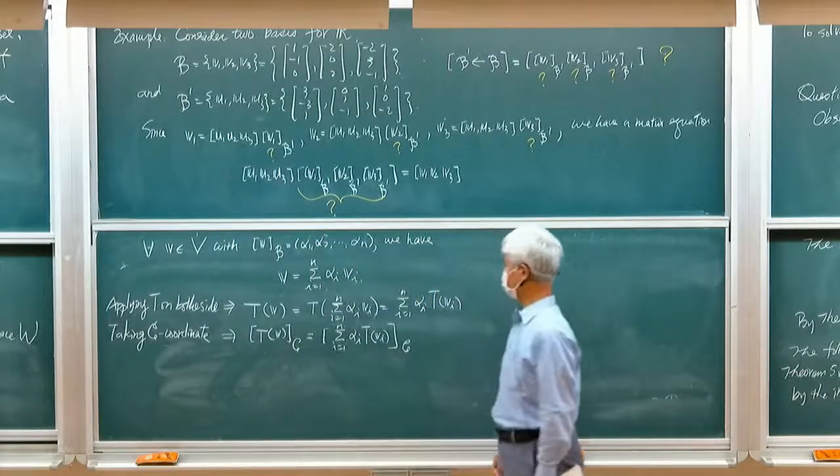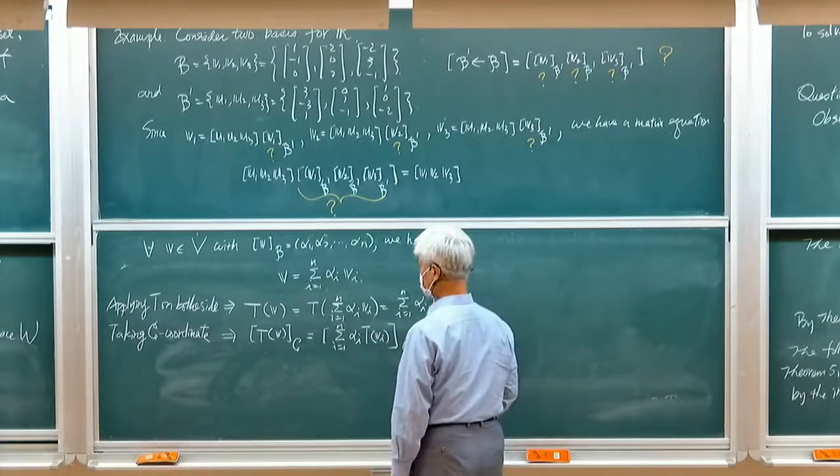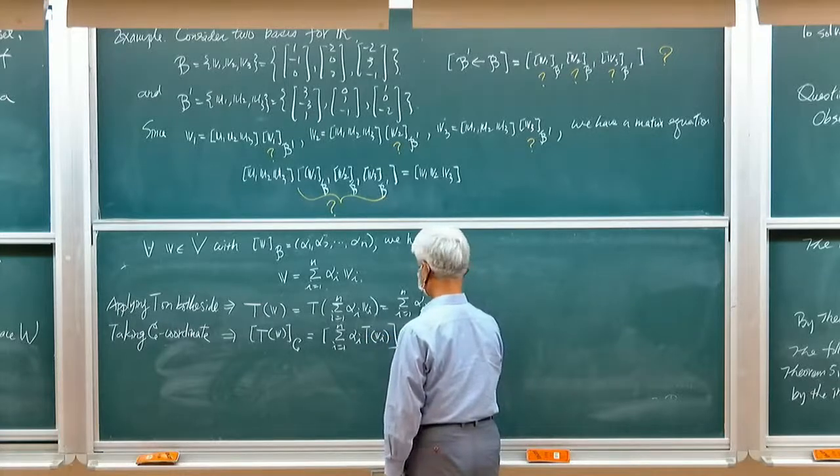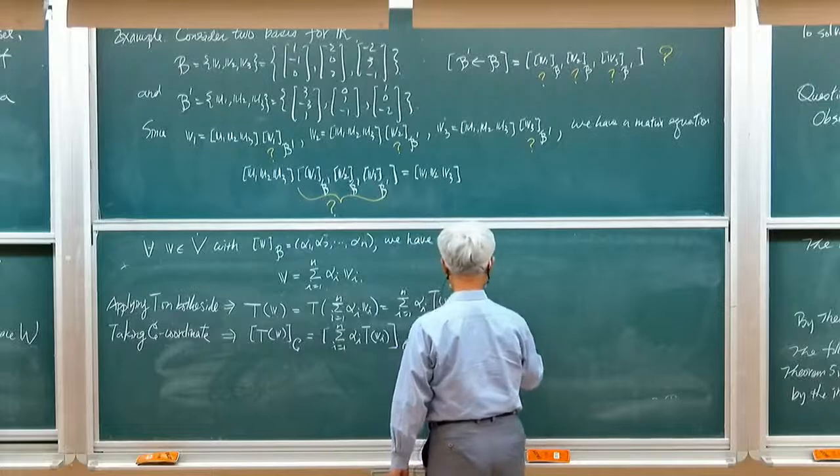And now the C coordinate function is an isomorphism. So we have this one, C here.